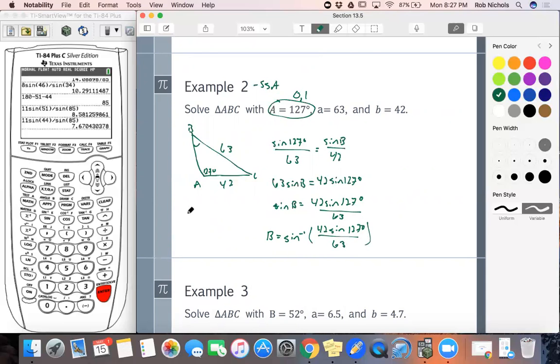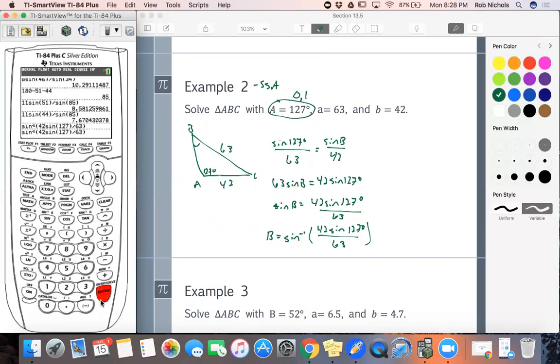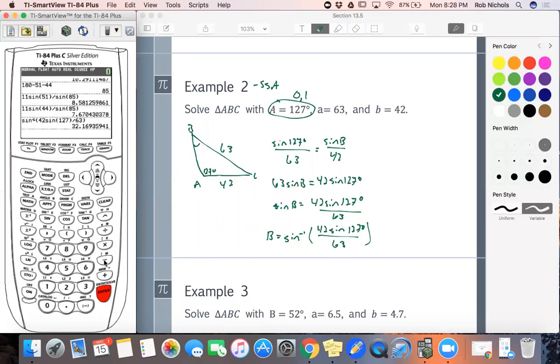I'm just going to type that in and see what we get for angle B. So inverse sine of 42 times the sine of 127, divided by 63. B is 32.2 degrees.